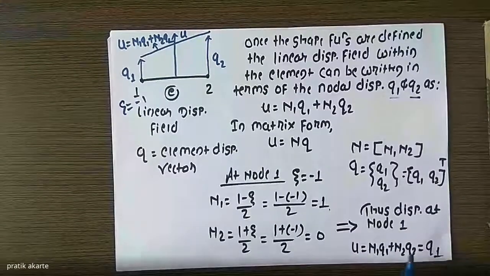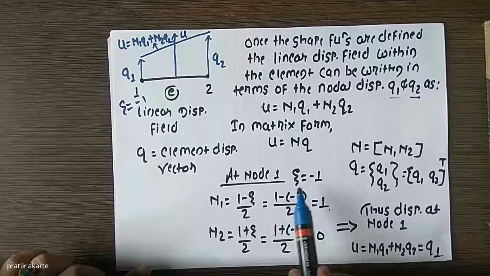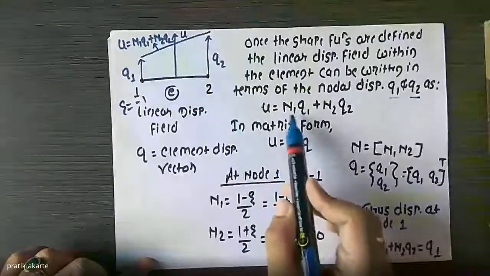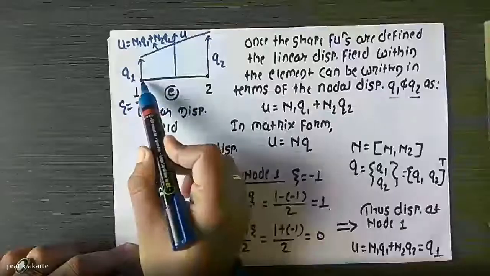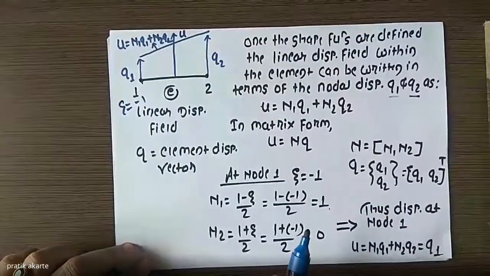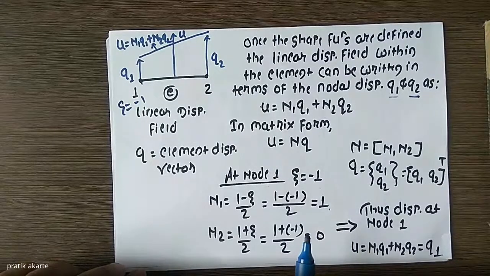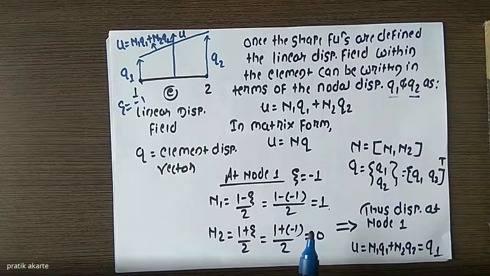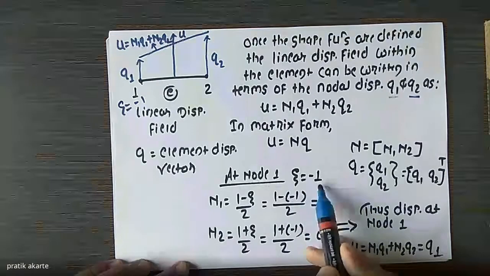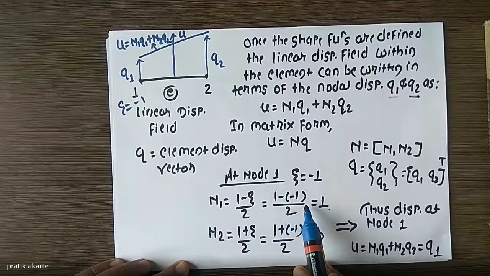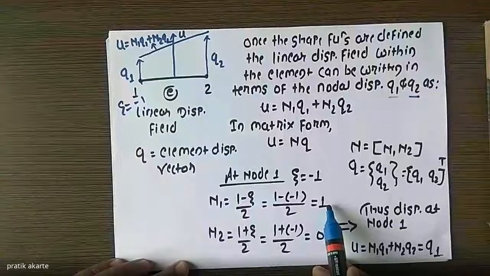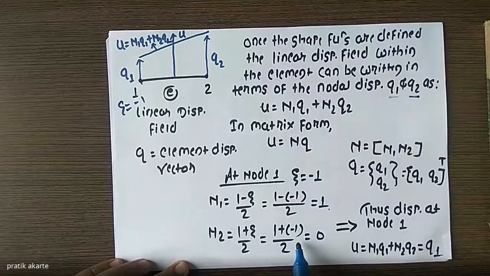Going back, let us verify. We have the equation N1 Q1 plus N2 Q2. At node 1, zeta is equal to minus 1. Putting the value of zeta into the respective shape functions N1 and N2, we get N1 as 1 and N2 as 0.